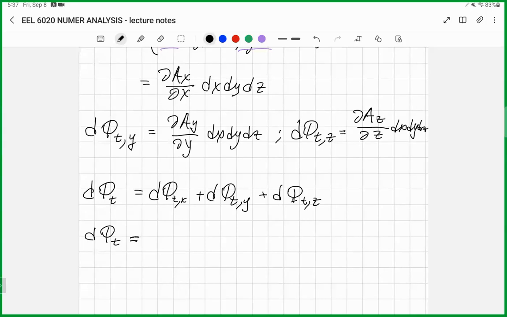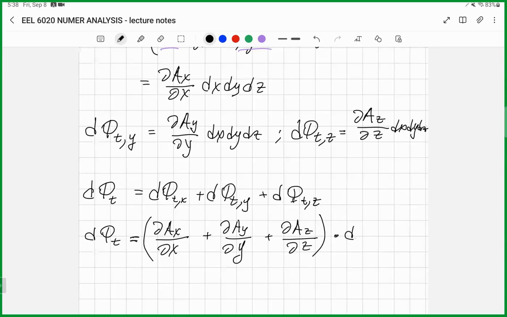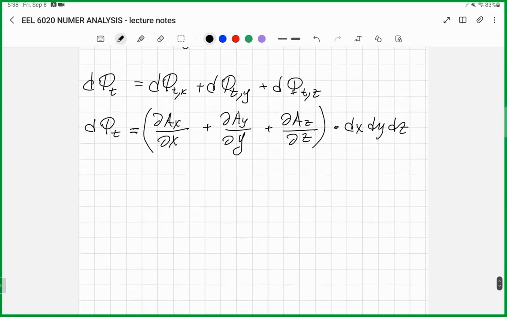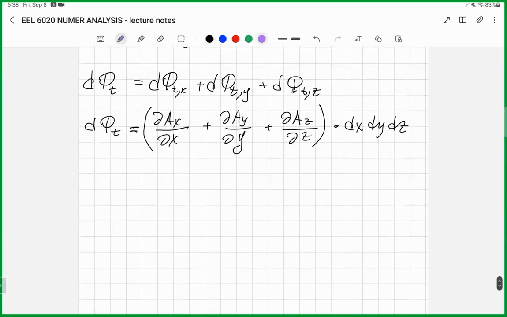out from the parentheses. So I get dAx over dx plus dAy over dy plus dAz over dz, multiplied by dx, dy, dz. It's a pretty interesting formula. First of all, dx, dy, dz is the element of the volume built by the dx, dy, dz sides, right?